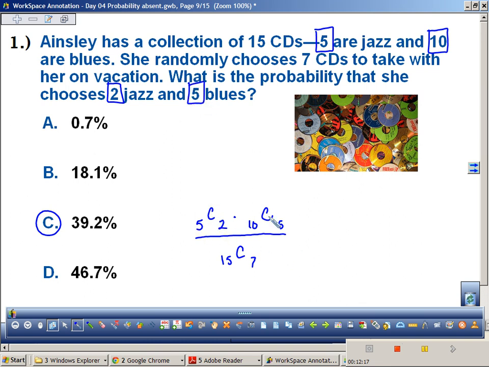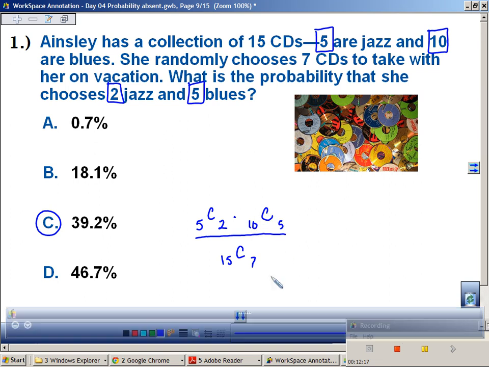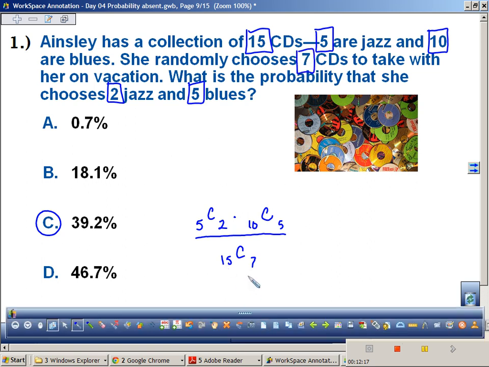So 5 combination 2 and 10 combination 5 for a total of 15 CDs. We are choosing 7 if we were to choose all of them. Notice these 2 numbers add up to this one. These 2 numbers add up to this one.